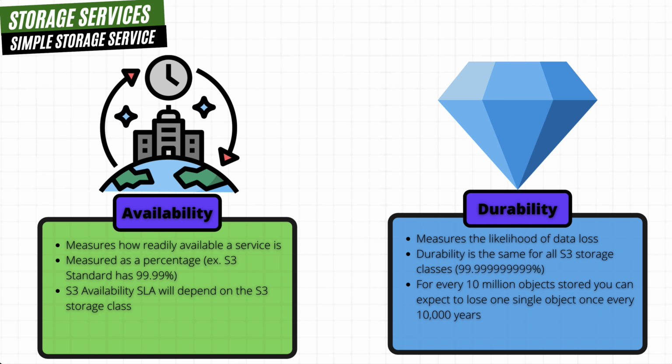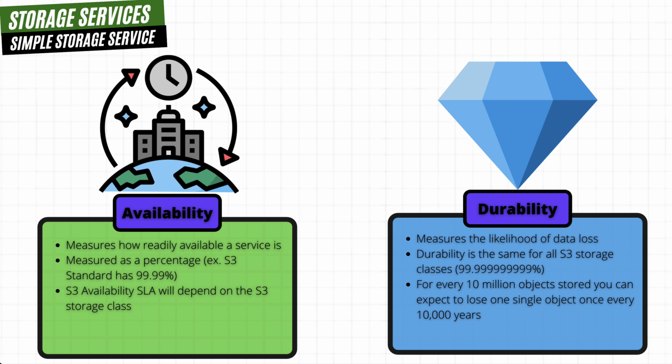And this availability is measured as a percentage out of 100. So S3 has a 99.99% chance of being available when you need it. And the service level agreement, or the SLA, does vary between S3 storage classes.